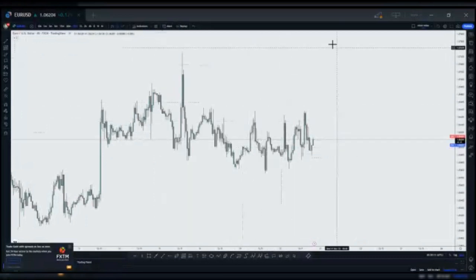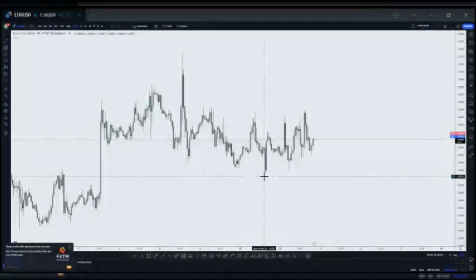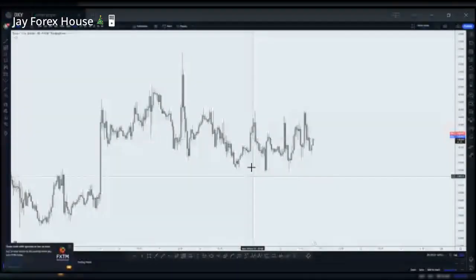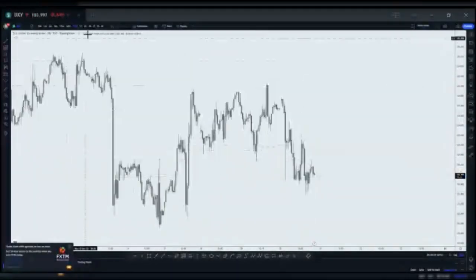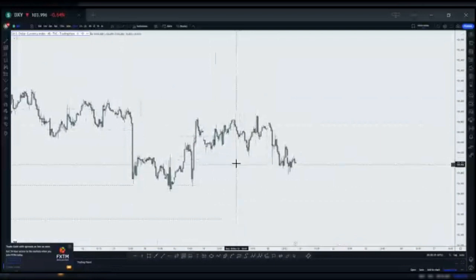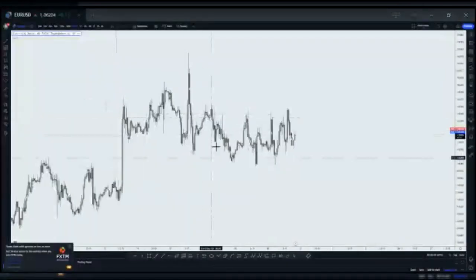But there was a way we could have done some comparison and imported DXY on this particular pair. Now, looking at DXY, what do you see? You see something similar because they're both ranging right now. This is DXY, the US dollar index. If you understand that US dollar is bearish, then there's a high tendency that Euro USD would be going bullish anytime soon.